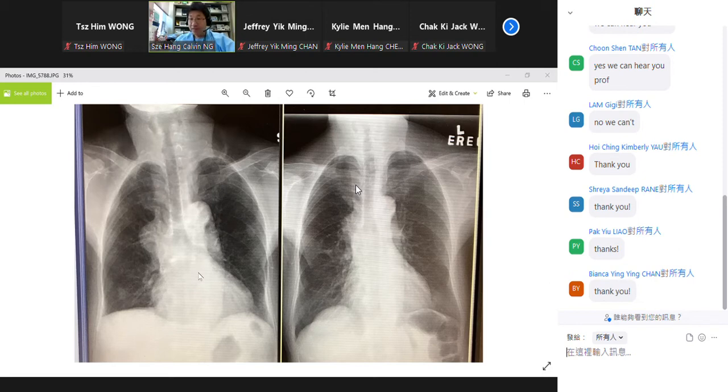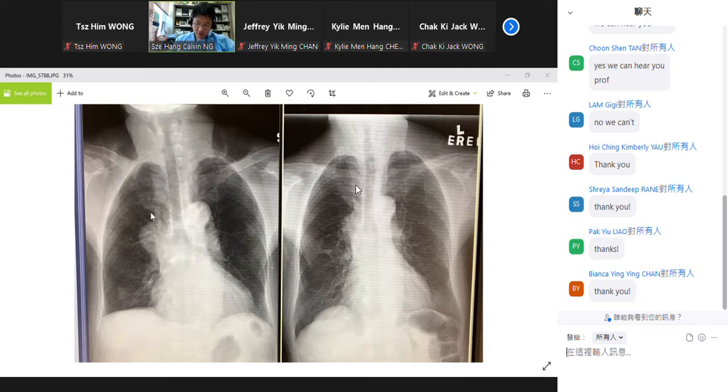And in fact, the topic I'm going to go into next is anterior mediastinal mass. So with anterior mediastinal mass, when you do an X-ray like this with overlapping shadow in the mediastinum, there is one way to try to differentiate whether this lesion is from the lung or from the mediastinum.